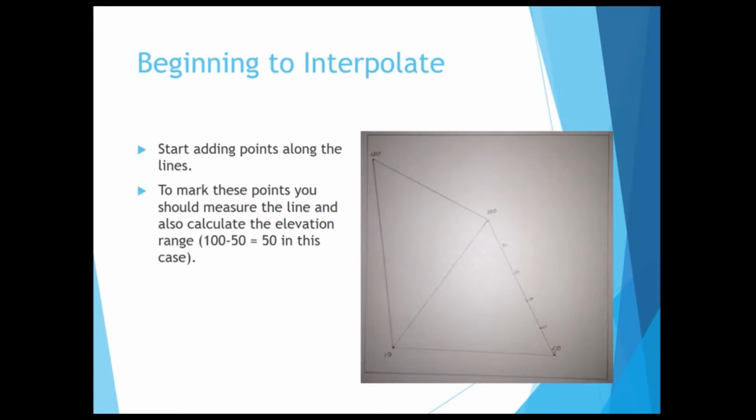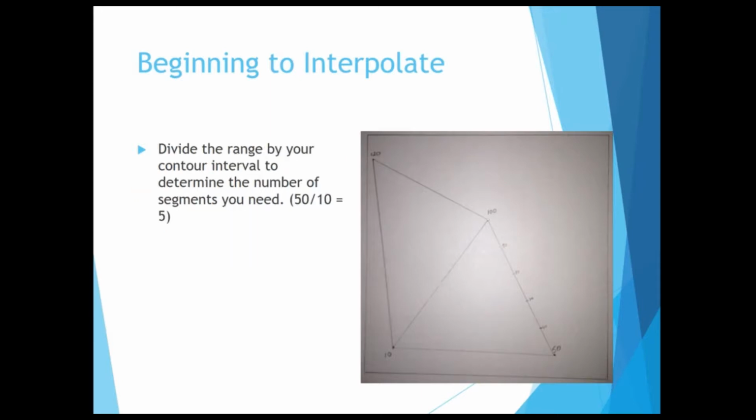I take the higher data point, subtract the lower data point. 100 minus 50 equals 50. Divide by the contour interval, and that lets me know that I need to have that many data points along the way. Finally, I actually put a ruler and measure the length of the line, divide by how many segments I needed, and figure out how long each segment needs to be.